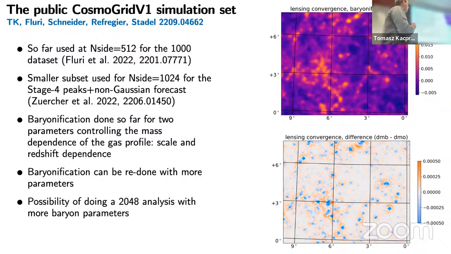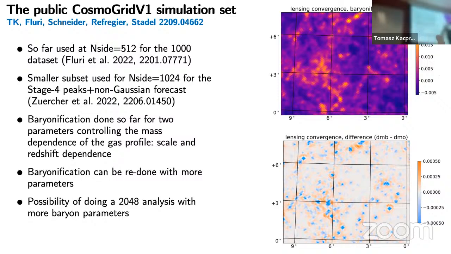What we want to do to mimic the baryon effects is to say, given this dark matter distribution, how would it look if we had a baryon model in it? So it's a kind of remapping between the dark matter and the baryonified matter distribution. Here's an example of how it looks.